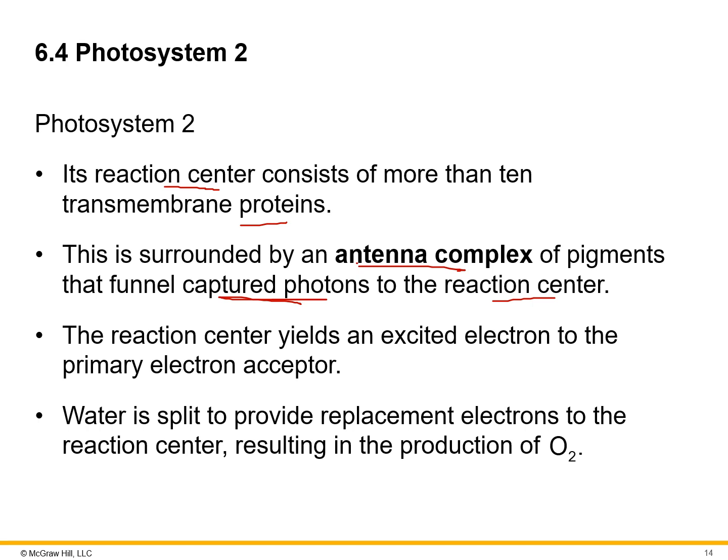So once that reaction center is activated, an excited electron comes off, and it has to go somewhere. So that acceptor receives those electrons, but now we need something to replace them, and that's the job of water. So water is split, that replaces the electrons for photosystem 2's reaction center, but it also produces oxygen as a byproduct.